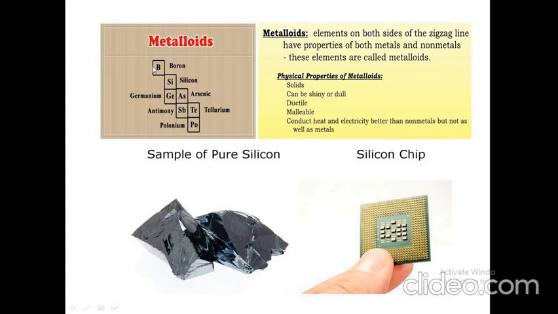So all these are metalloids, like boron, silicon, germanium, arsenic, antimony, tellurium and polonium. The silicon chip is a very important use in the modern electronics industry, and the revolution of the silicon chip in the electronics industry is on the swing.